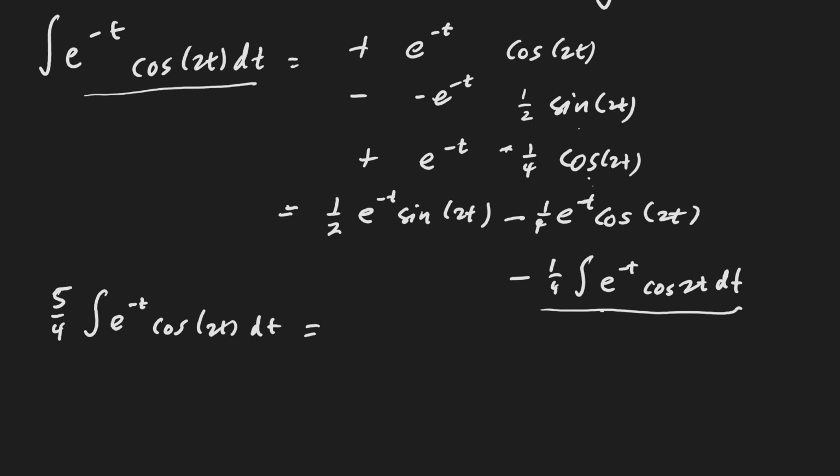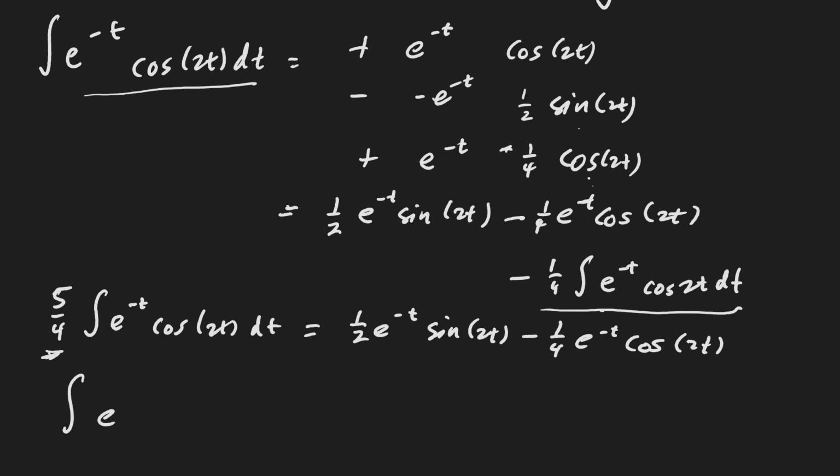And that now is equal to 1/2 e to the minus t sine of 2t, you remember doing these, 1/4 e to the minus t cosine of 2t. Now we would divide both sides by 5/4, or multiply both sides by 4/5. If we do that, we get our answer.